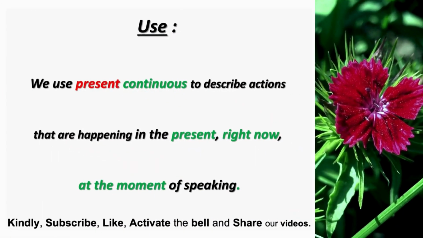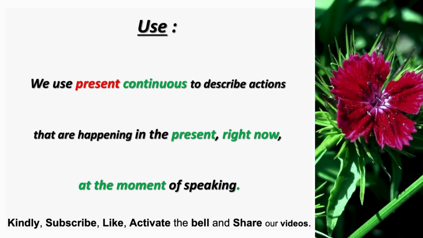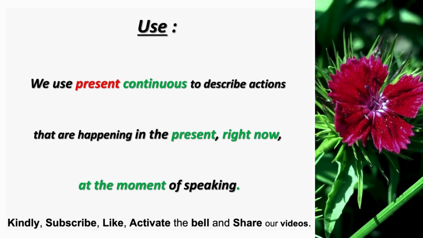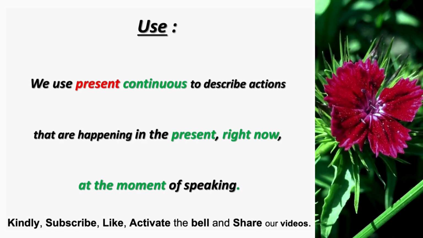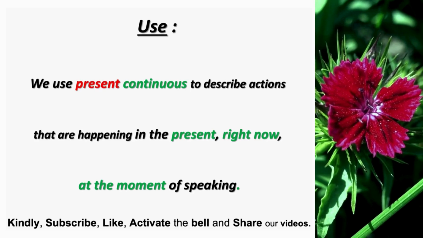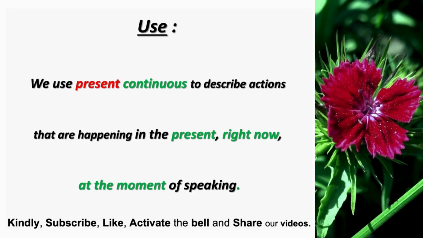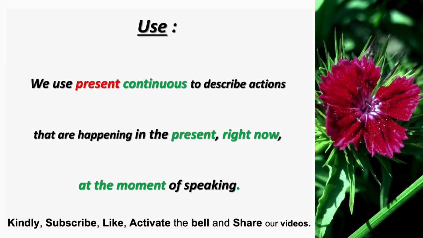So we are going to speak about present continuous. We use present continuous to describe actions or verbs that are happening in the present, right now, at the moment of speaking. So I'm going to explain this when we give examples.